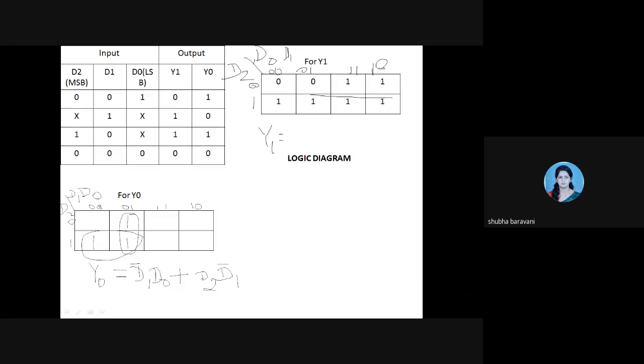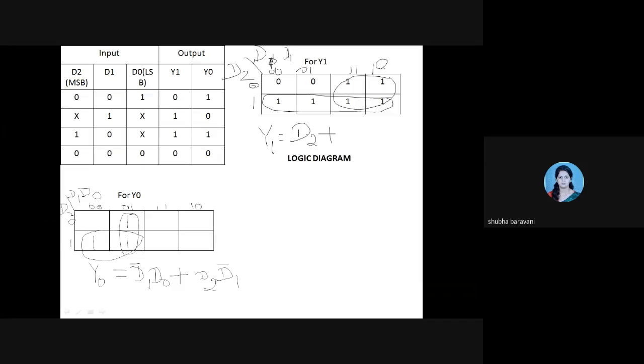So my y1 turns out, first I'll map these four. If I map these four, I'm left out with D2. Then what I'll do, I'll map this 4. So I'm left out with, oh, sorry, this is D1 denote.